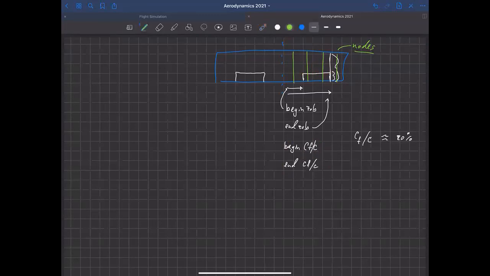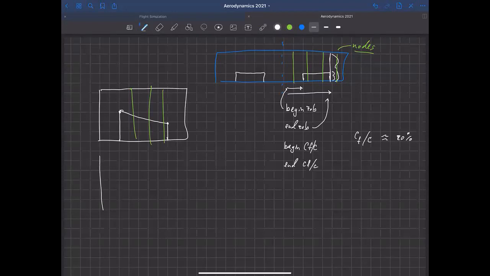So let's look at a couple different cases. One would be this rectangular wing, and if they gave an inboard CF over C and an outboard CF over C, then we could linearly interpolate for any location along the wing that we wanted the CF over C, right? That's actually also true if we had a tapered wing. So let's say that we have a tapered wing that looks like this.